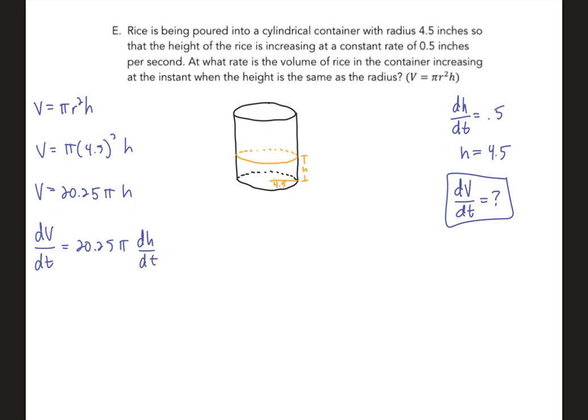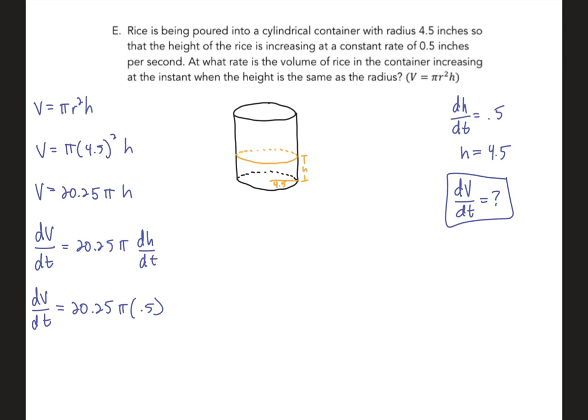Okay, looking for dV/dt. And we've got dh/dt, which is 0.5. Normally you want to avoid having decimals times pi, but since we were given it in terms of a decimal, we'll just keep it.